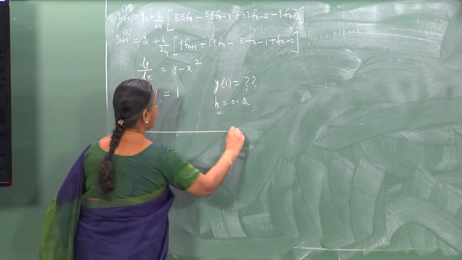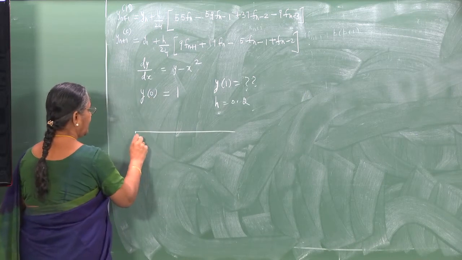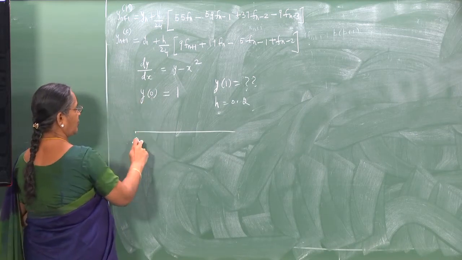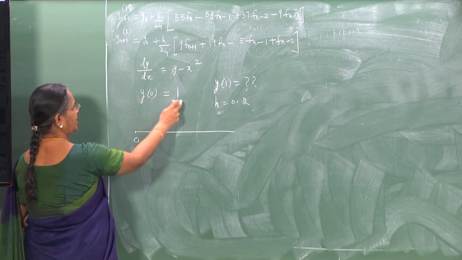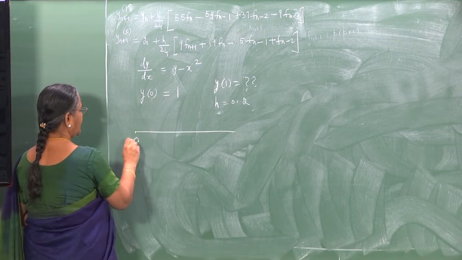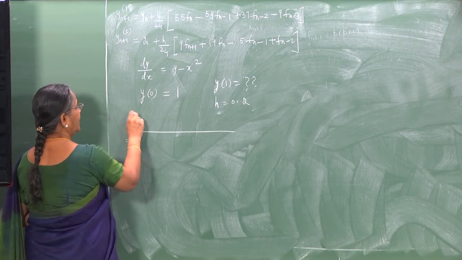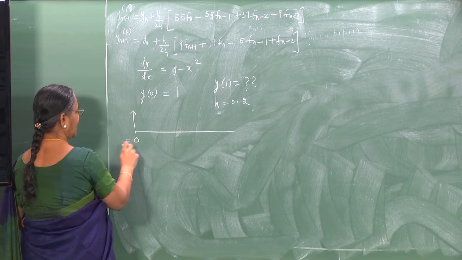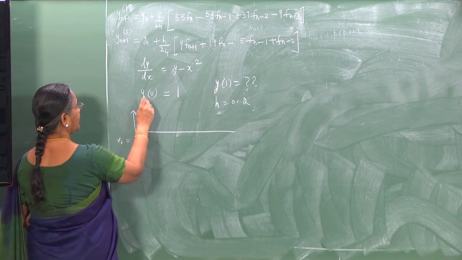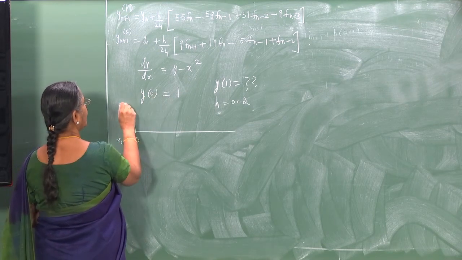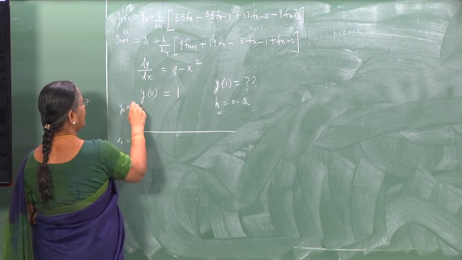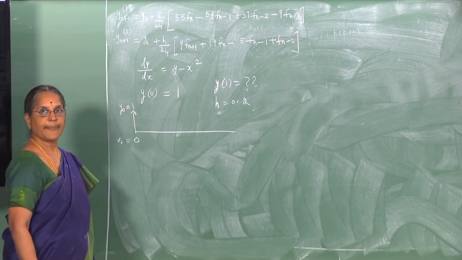So, we are given the solution at 0 in the form of an initial condition. If I call this x naught, y of x naught is y naught, and that is given to be 1.